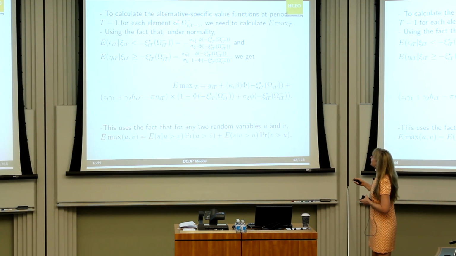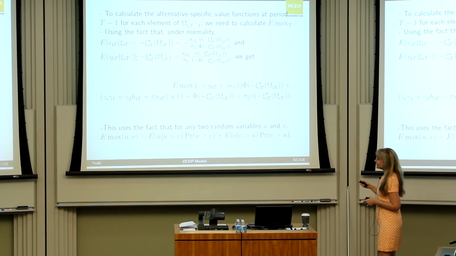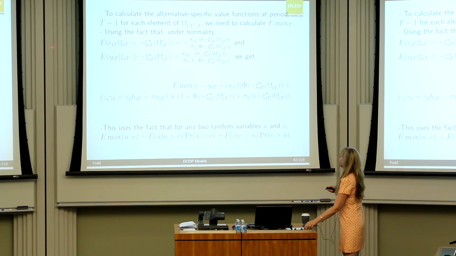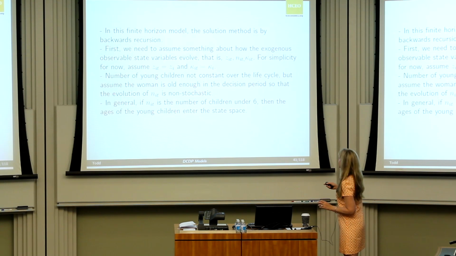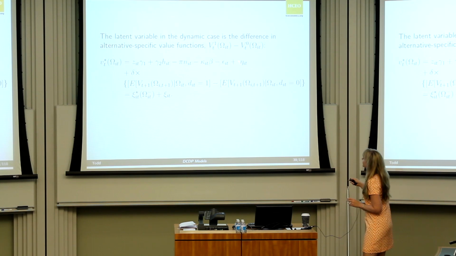So we need to calculate these alternative specific value functions for each element of the state space, to get these Emax T's. Looking back at this equation, we need the expectation of these errors conditional on working.